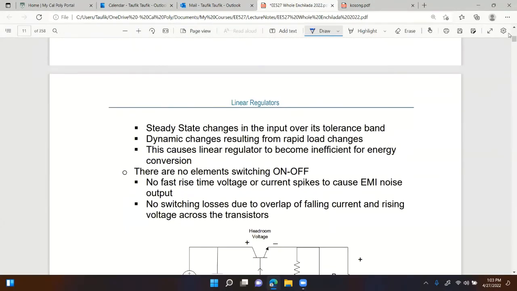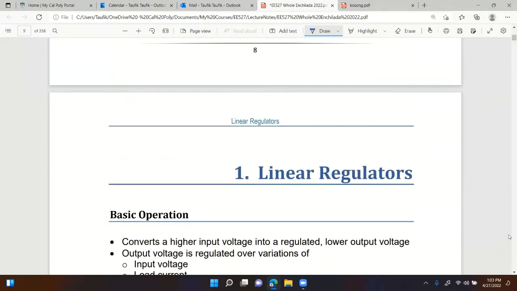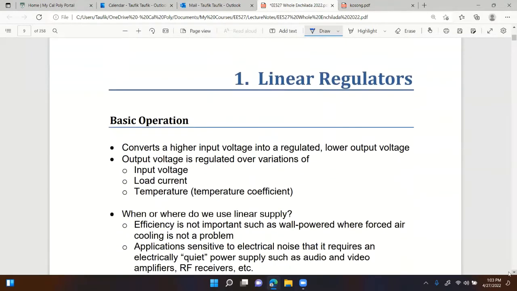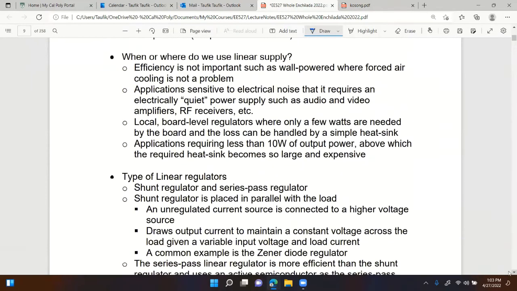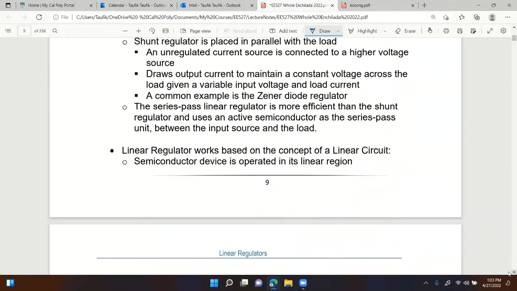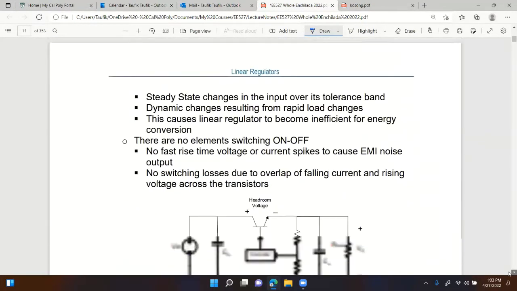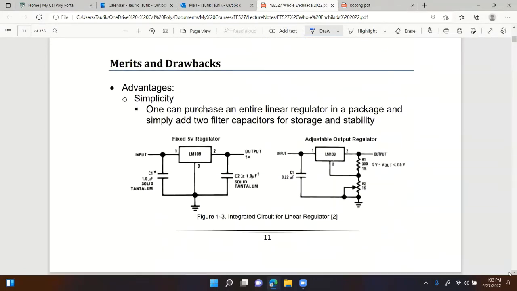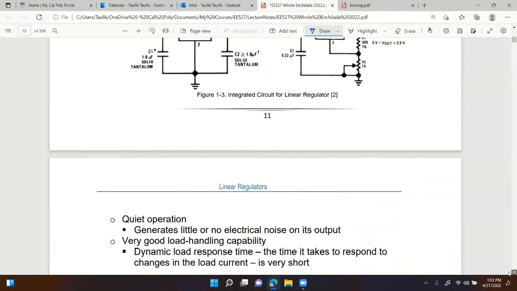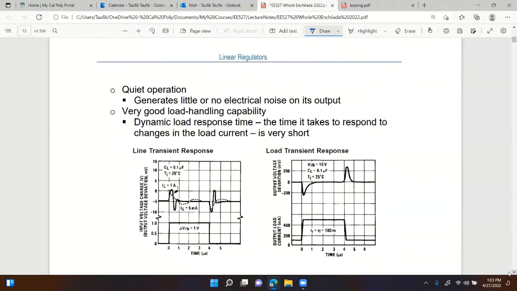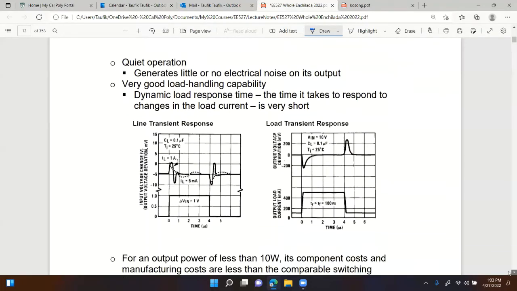Now let me just go through the chapters real quick. Chapter 1, the basics, is an intro to linear regulators and basic operation. Advantages, disadvantages, so I think it's pretty light reading for you.